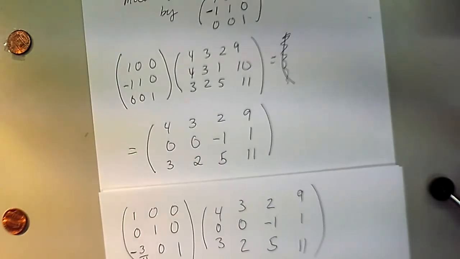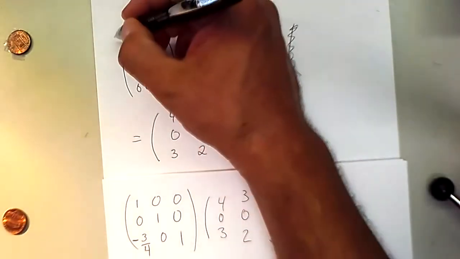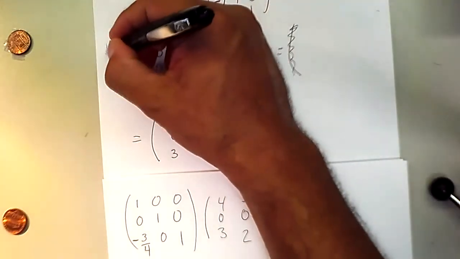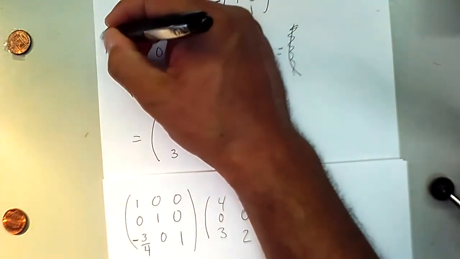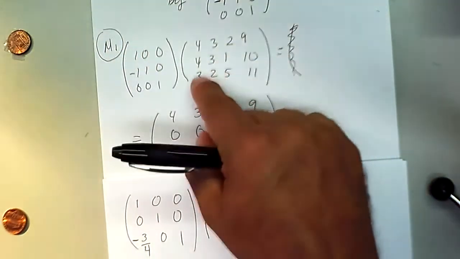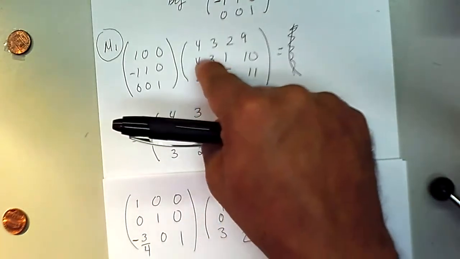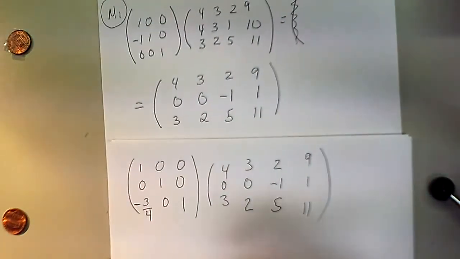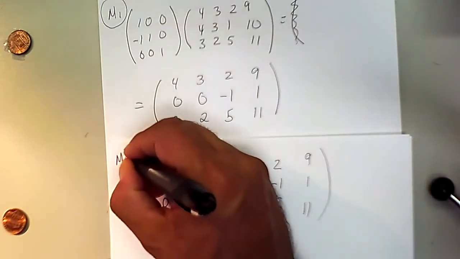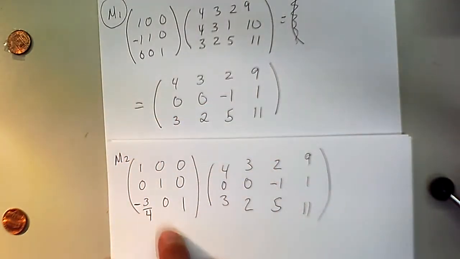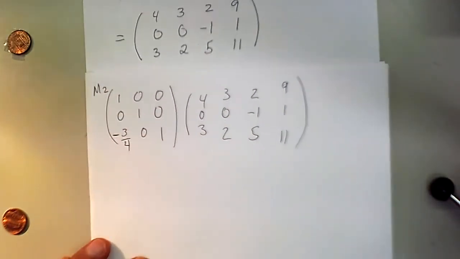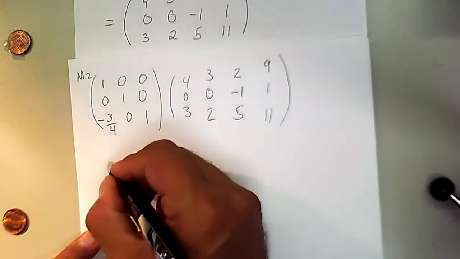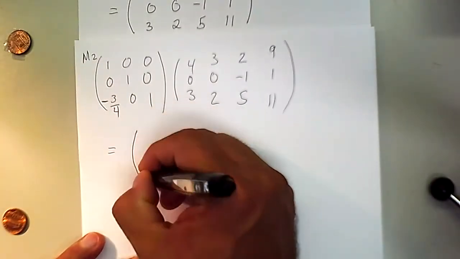So I'm going to call this matrix 1 because we want to keep track of our matrices. The first matrix that achieves the goal of getting 0 in this position I'm going to label as matrix 1 because we are going in that order. Matrix 2 will be this one. Okay, so let's go ahead and multiply this out.